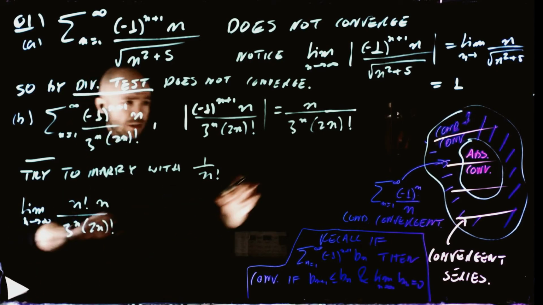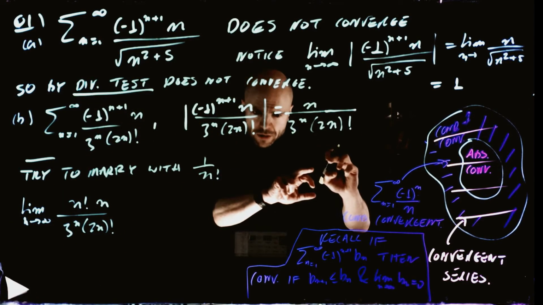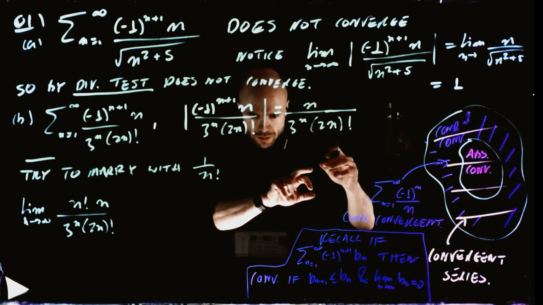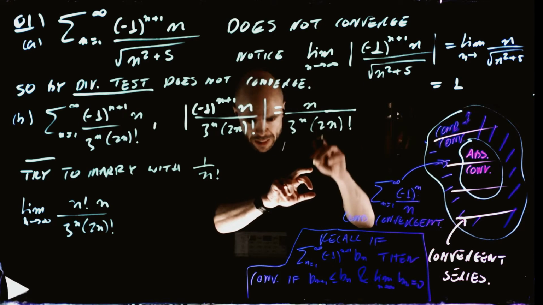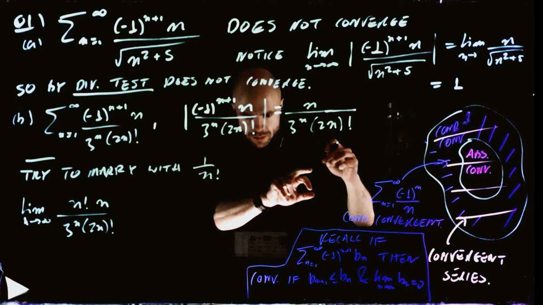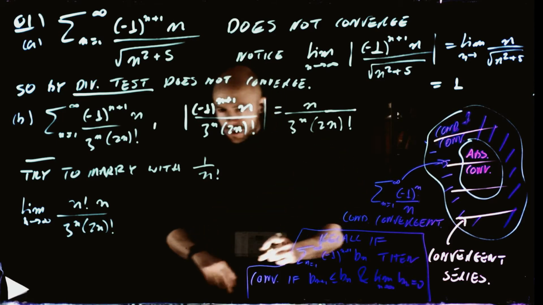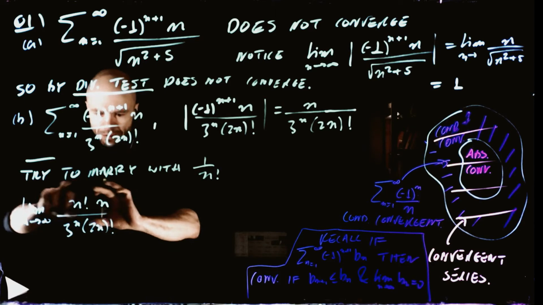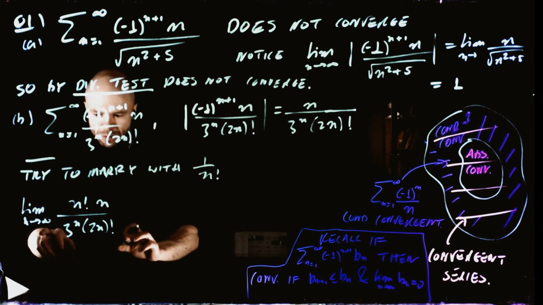This is the same as this guy divided by 1 over n factorial. Give me thumbs up if that makes sense, otherwise I put the details there. Give me thumbs down if you want details. Okay, everybody seems cool. So this is the limit we're trying to understand.